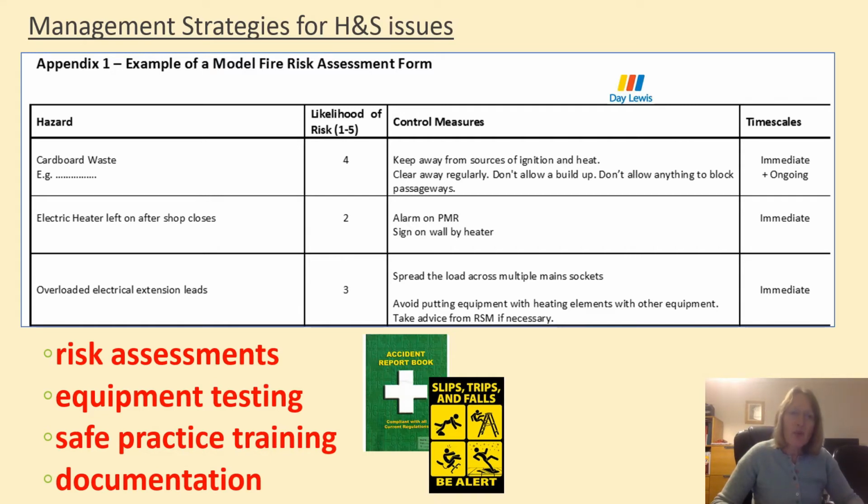And so of course all of those are documented, and we also have to do other documentation as well. So you can see this little green picture in the middle is the accident book, and so we have to document everything that happens with regard to accidents, just in case at some later point in time somebody wants to take us to court about it, and then we've got a record, and this is all part of normal practice for any workplace.